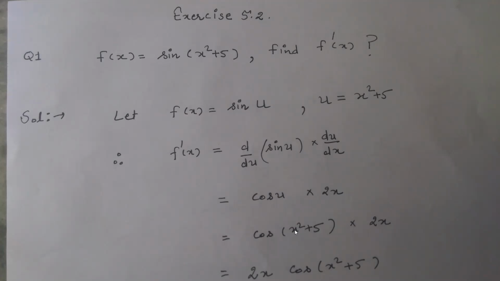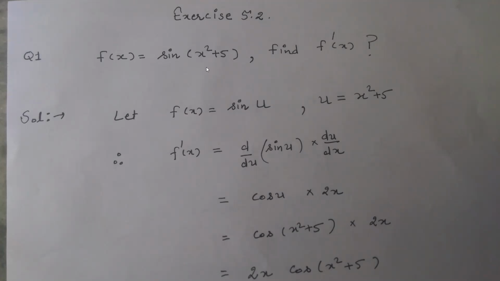Basically u is x² + 5. So we take the original value of u. In a proper form, this can be written as 2x cos(x² + 5). So this is the first question, my dear friends.